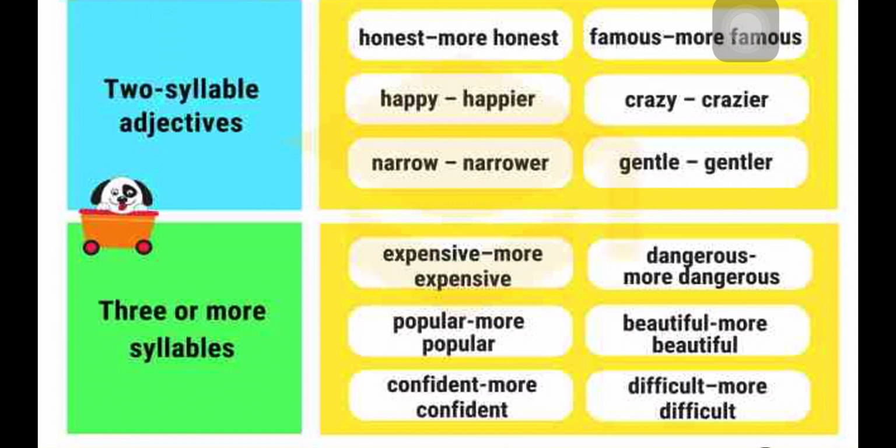Go to three or more syllables. What should you do for this kind of adjective when we use it in the comparative? As you know, for three or more syllables, we just add more before the adjective when we use it in the comparative sentence.